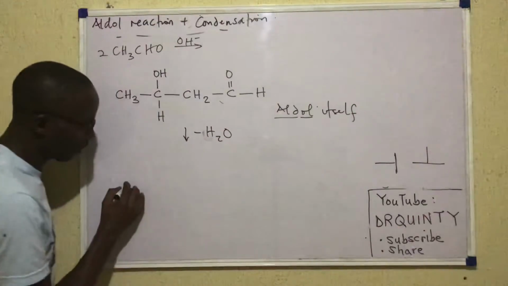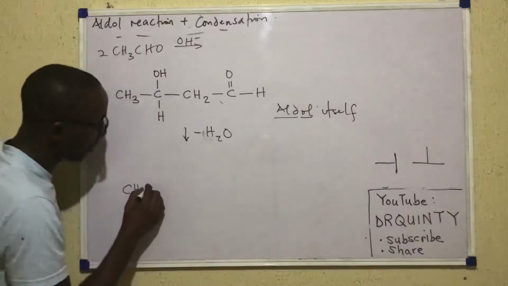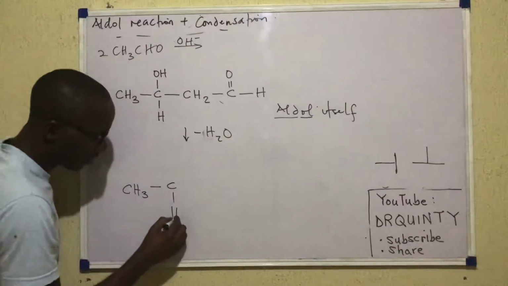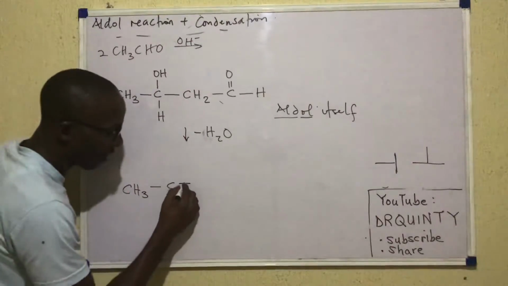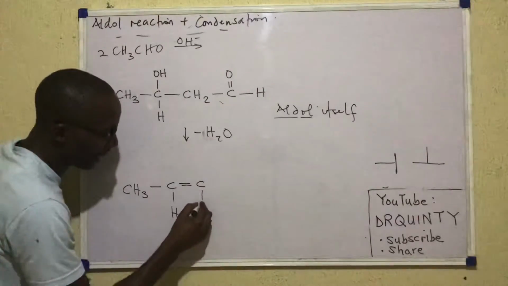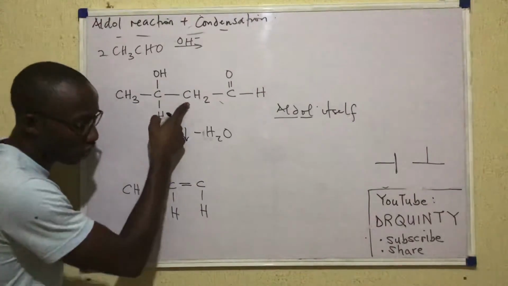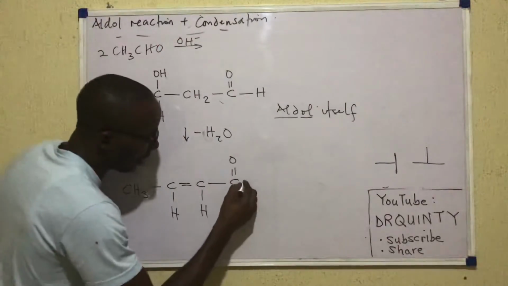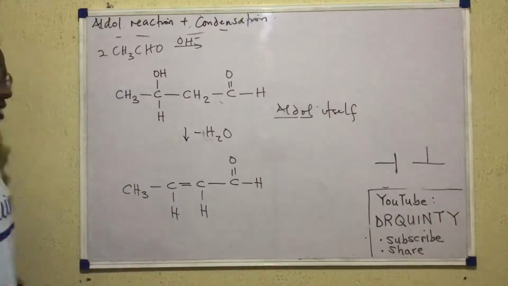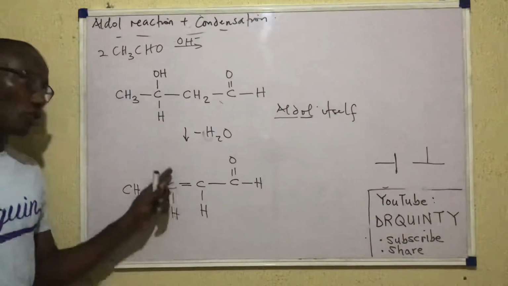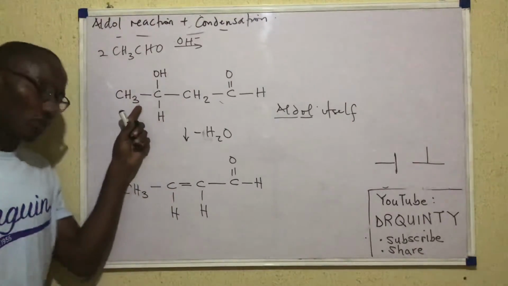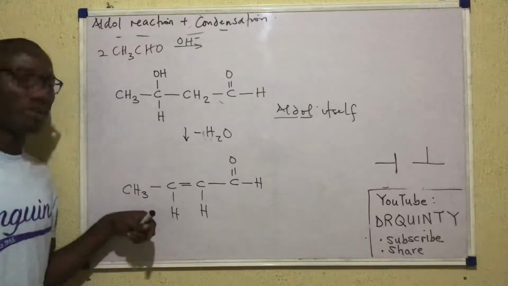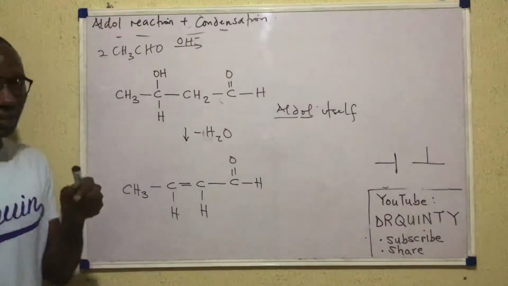My final product will be CH3, then CH. Remember that OH is gone. I'll have a double bond here, then CH again. So instead of CH2, I now have CH, and then on the last carbon, I still have my CHO. This is the dehydration product of that aldol. So it is now that I'll say I have carried out aldol condensation.